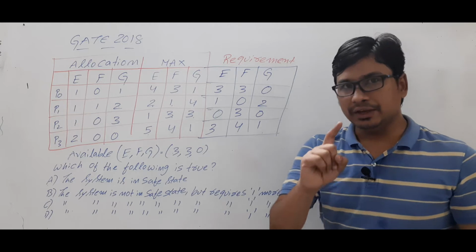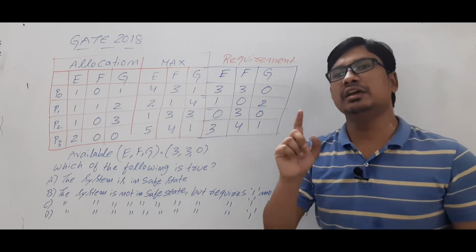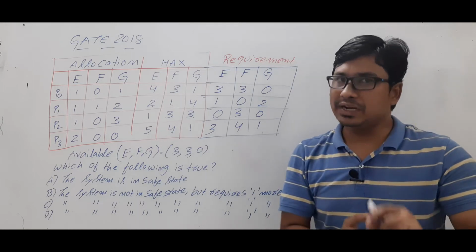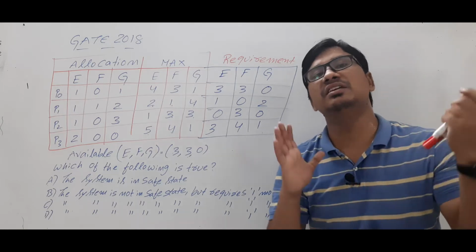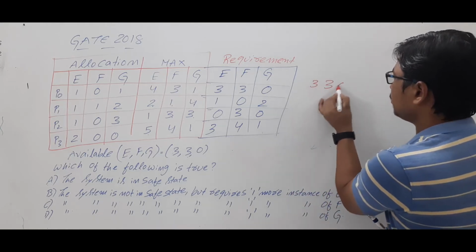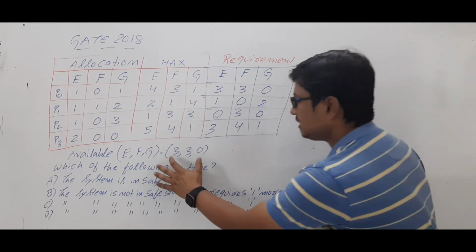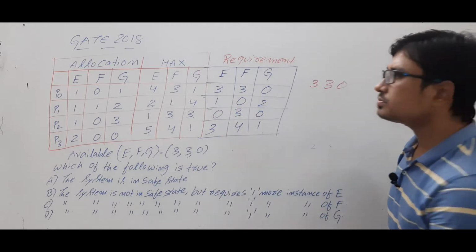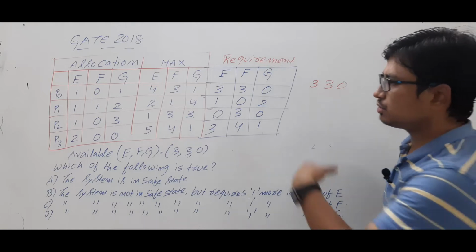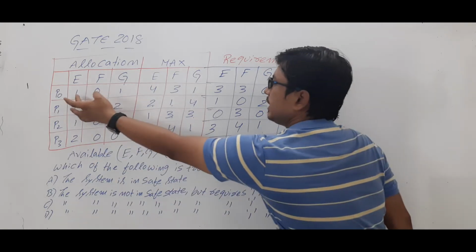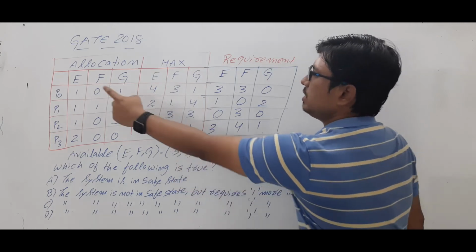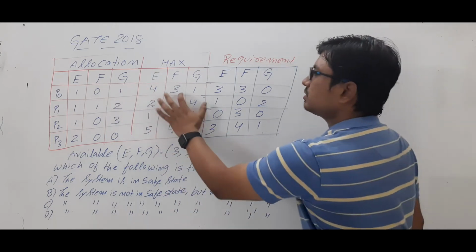Look at here. Any process will request for the resources and it will use the resources. Once the task is completed, it will release the resources also. So we have currently available 3, 3, 0 and among that we have given the 3, 3, 0 to the P0 and extra 1, 0, 1. Meaning that if you give 3, 3, 0 to P0, you will have 4, 3, 1.